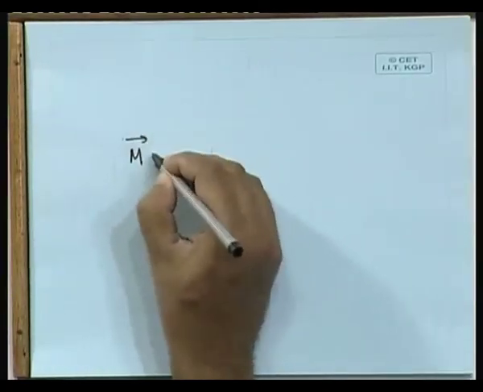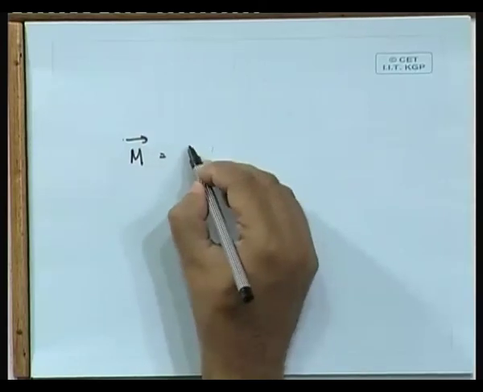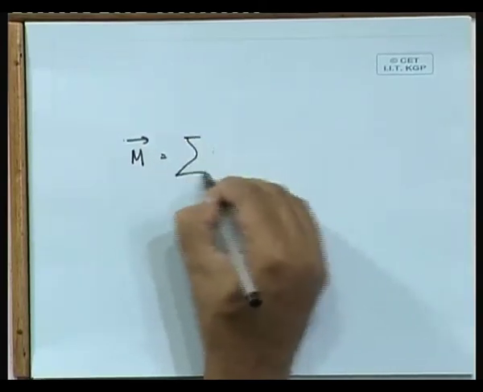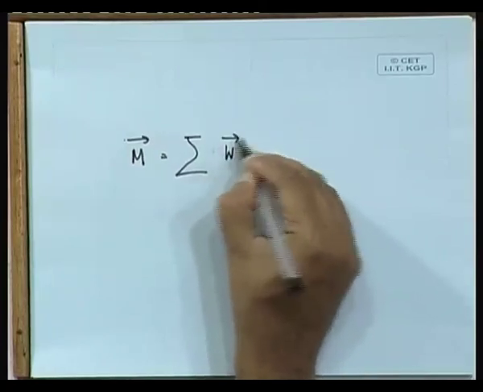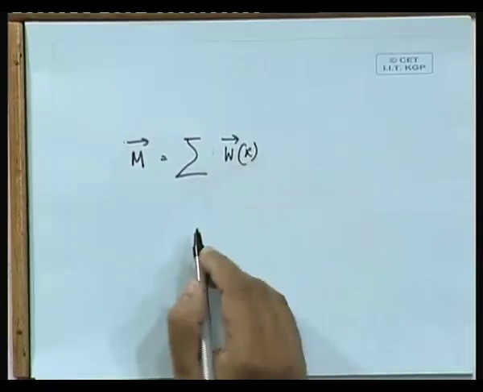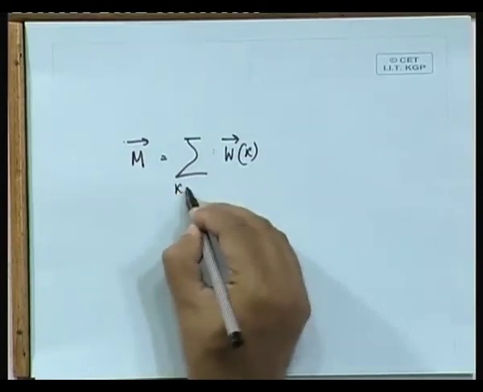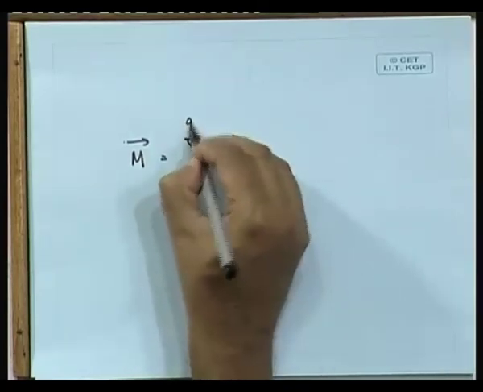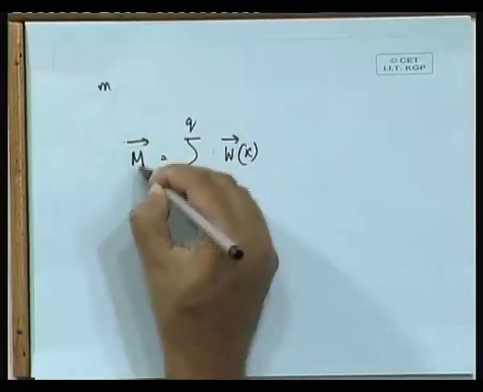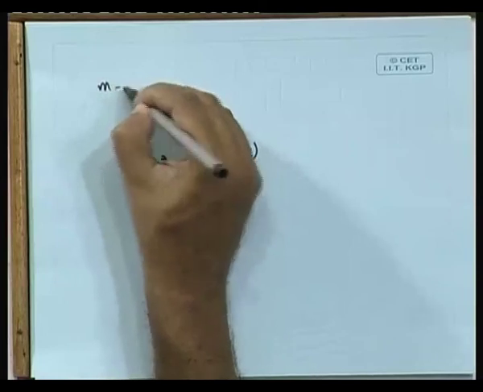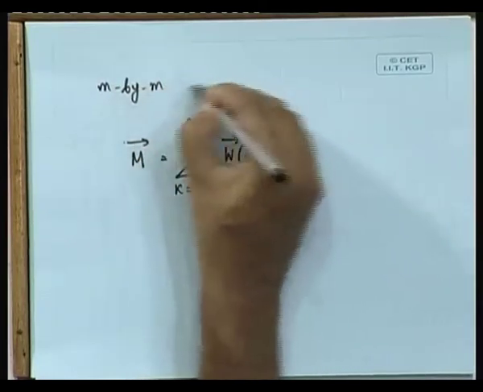So in the memory we will be storing the M matrix, equal to the summation of all the Wk matrices, for k equal to 1 to Q, assuming that there are Q such patterns. This M matrix is an M by M memory matrix.